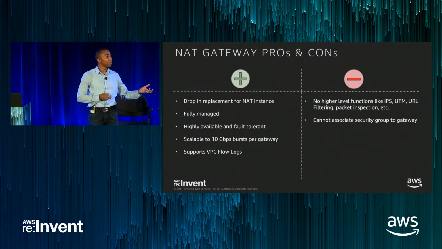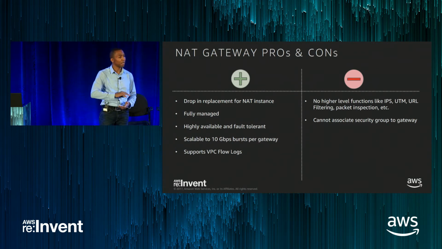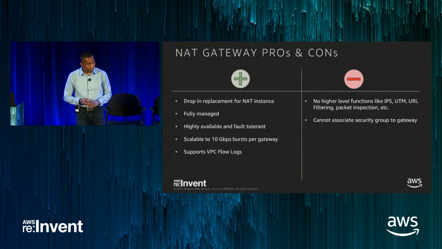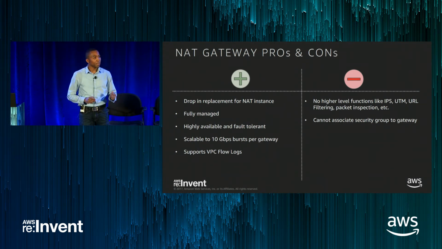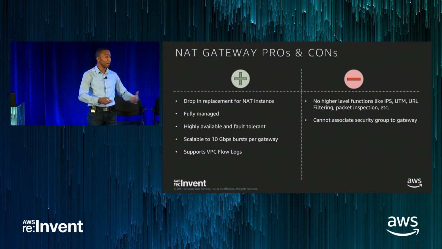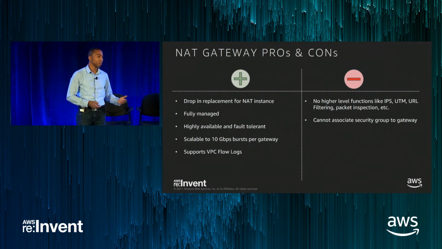So you may not want to use a NAT gateway for specific traffic like that. You may want to instantiate a NAT instance and use that instead. Also, a NAT gateway supports 65,000 simultaneous connections. So if you have more than that going to your NAT gateway, then you may want to create multiple NAT gateways or use something else.